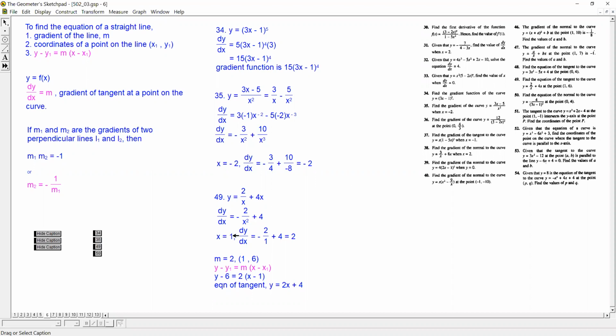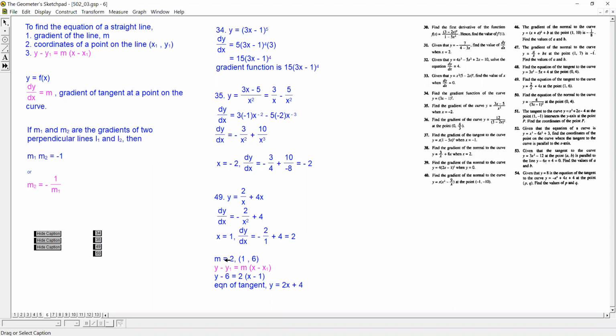So I need to substitute in a particular value of x to find the gradient. That particular value of x is 1. So I substitute 1 inside here. 2 over 1 is 2. 4 minus 2 is 2. So now I know the gradient of tangent is 2.